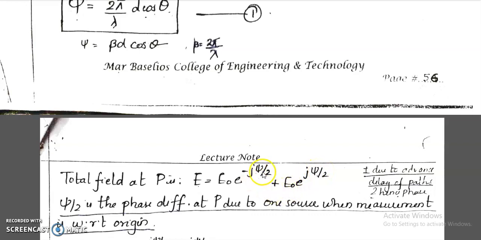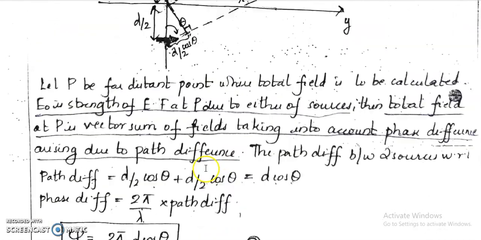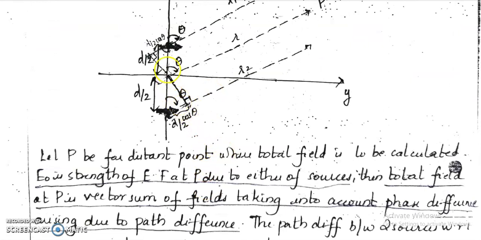Okay, first we check why we use psi by 2. We studied that psi is the phase difference between the point sources, but here we find the electric field with respect to the origin. Here the reference point is the origin. With respect to the origin, what is the phase difference?